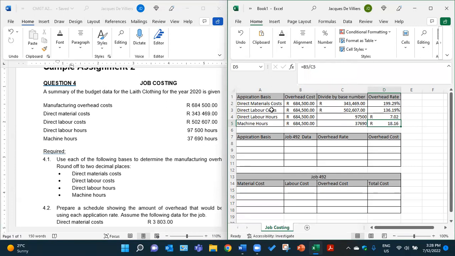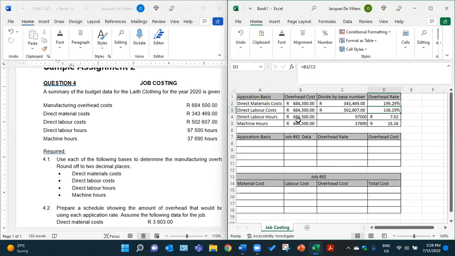Now, in the case of direct material cost and direct labor cost, if we use either of those as our base, we have our overhead cost that is expressed in rand, and our material cost and labor cost is also expressed in rand. And if we have 2 numbers that have the same unit, rand, we are able to express it as a percentage.